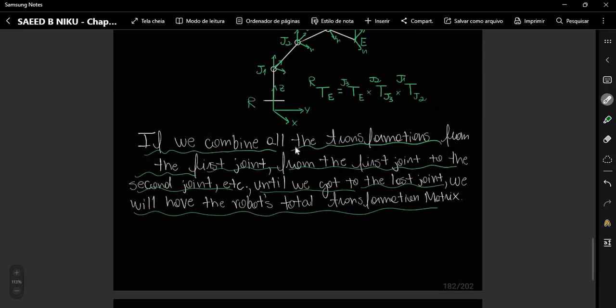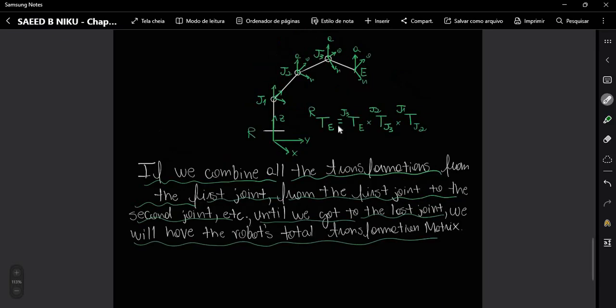If we combine all the transformations from the first joint to the second joint until we get to the last joint, we will have the robot total transformation matrix. And this is valid for the Cartesian coordinate system, the cylindrical, the spherical.